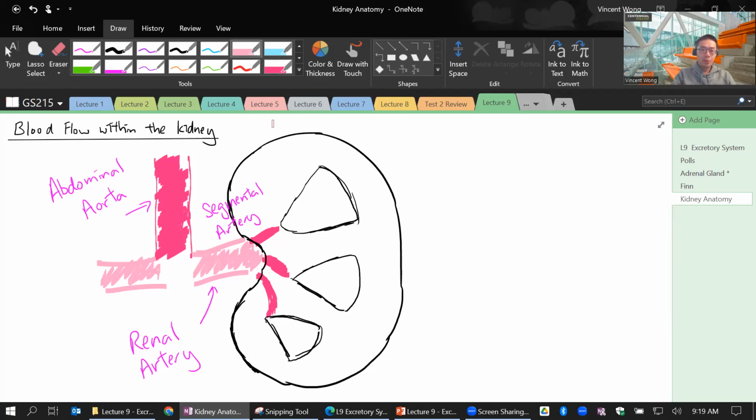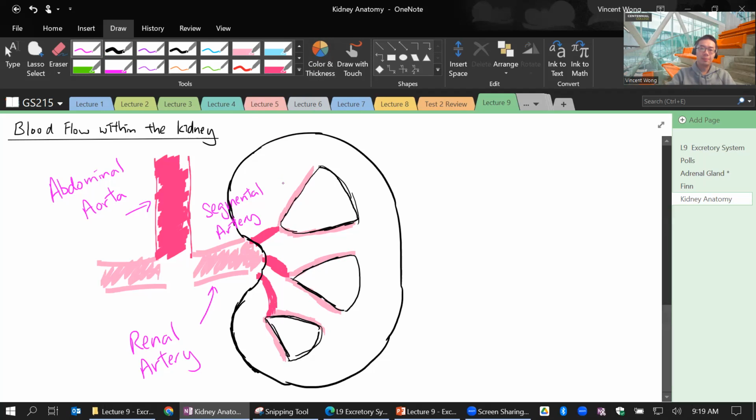And when it gets to the renal papilla, it will branch again. So that's why I'm switching color. It's this thing that travels up along the edges of your renal pyramid. It's going to go up like that, just hugging along the edges.